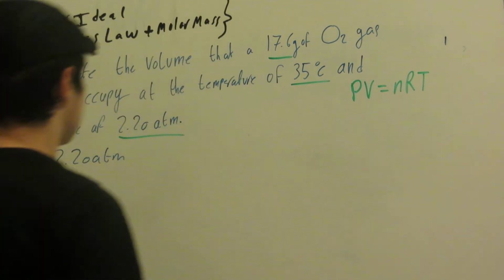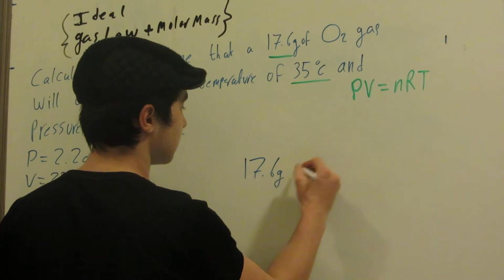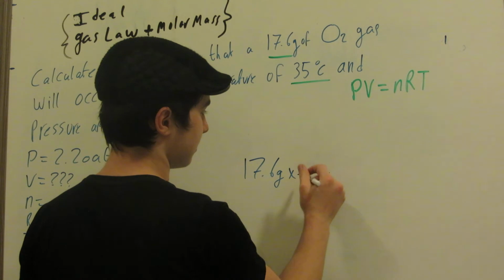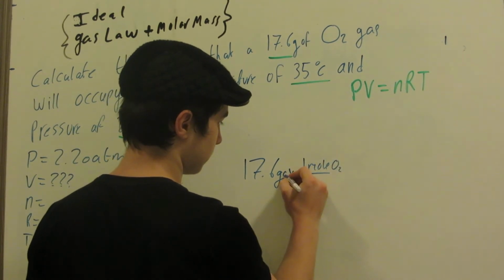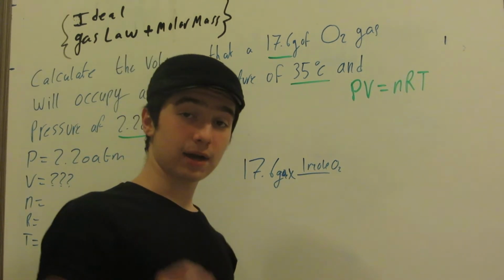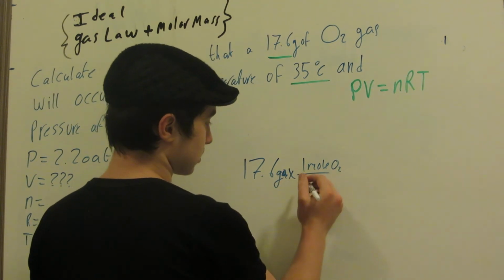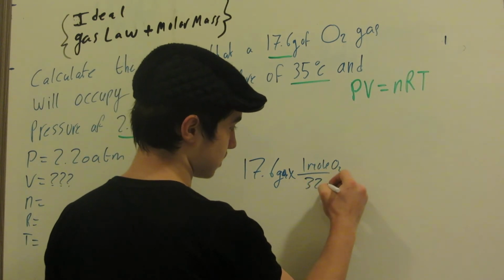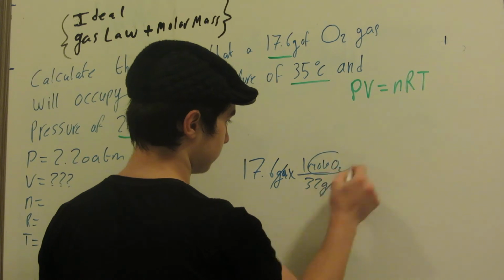Alright, so we take 17.6 grams of oxygen, multiplied by 1 mole of O2 over the atomic mass of oxygen. Because we have 2 oxygen atoms, 16 plus 16 is 32 grams of oxygen. So this cancels this out, and we're left with this unit.